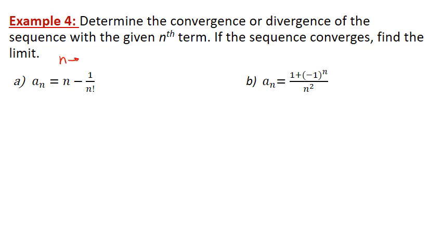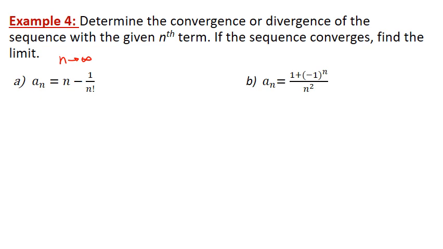So n is approaching infinity. So what we want to do is figure out, when n approaches infinity, does this sequence converge or diverge? This sequence will converge if the limit exists. If the limit does not exist, then it's going to diverge.